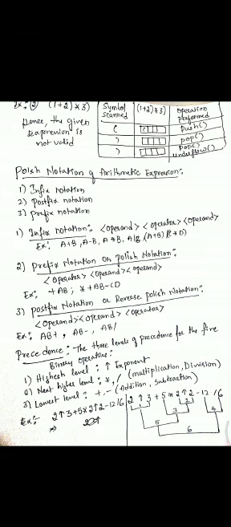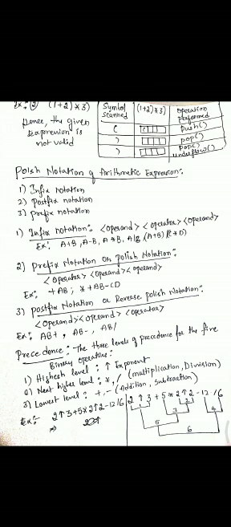Let us discuss the first one, infix notation. The conventional way of writing an expression is called infix. The expressions we usually write in examples are nothing but infix notations.